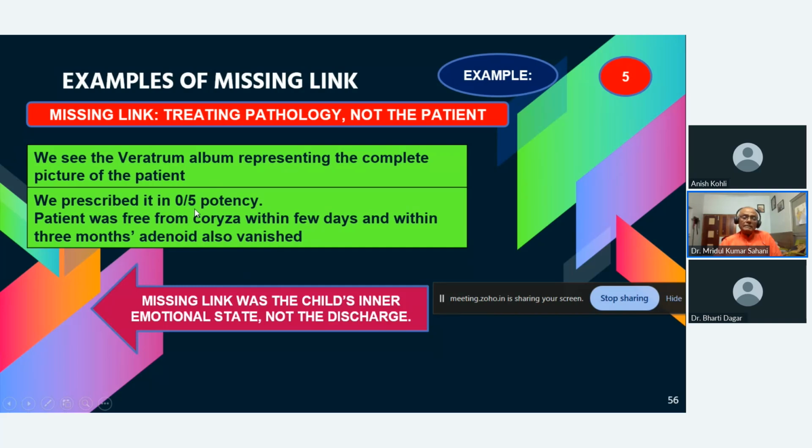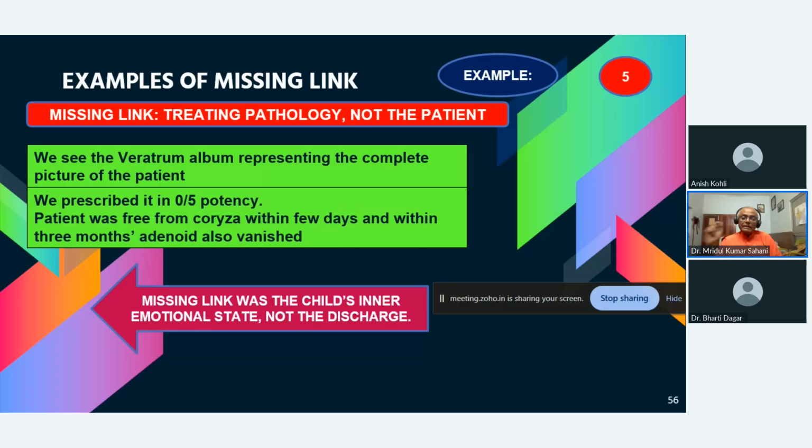Generally, when the symptoms are minimal we do not start from 0/1, because we see the totality of symptoms, and as I told you, the higher the sensitivity and the higher the totality, we go for higher potency. That's why we started treating this patient with 0/5 potency, and the patient was free, and within 3 months the adenoids also vanished.